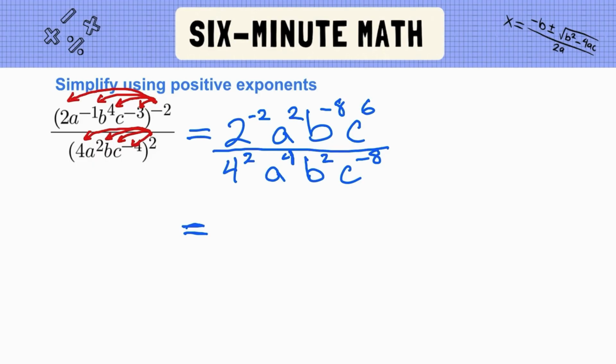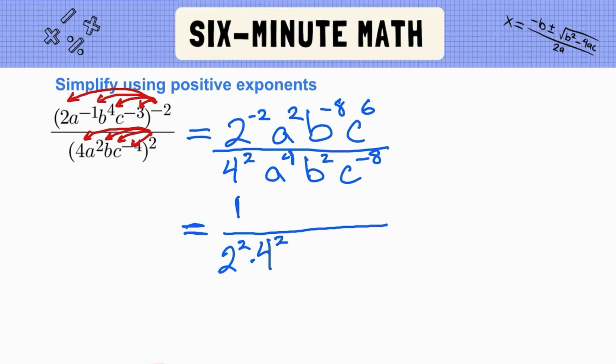So in this next step, I'm going to just draw my division line. I'm going to have positives and negatives, but we're just going to see where things land. I'm going to take the first reciprocal of 2 to the negative 2. I know that that's going to be 1 over 2 squared. I already have a 4 squared in the bottom, so I'm going to write that in. And then I'm going to write my variables by using my quotient law.